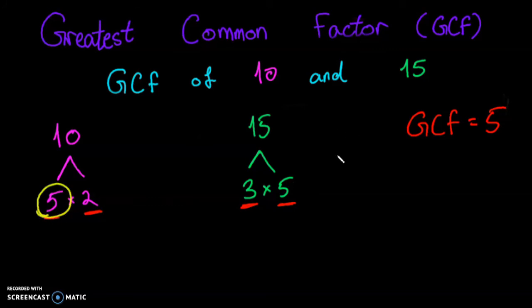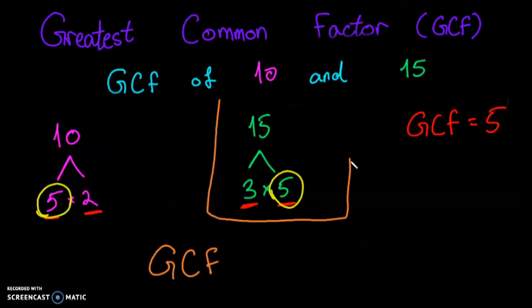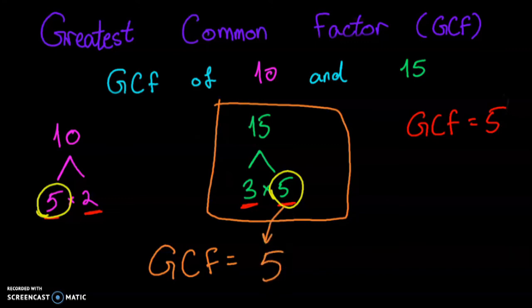We have a 5 here and a 5 here. We said the GCF using this method, just take one side. I'll take this side, the number 15. And you write all the numbers that are circled in yellow. In this case, we only have a 5. And as you can see, we got the same answer in both methods.